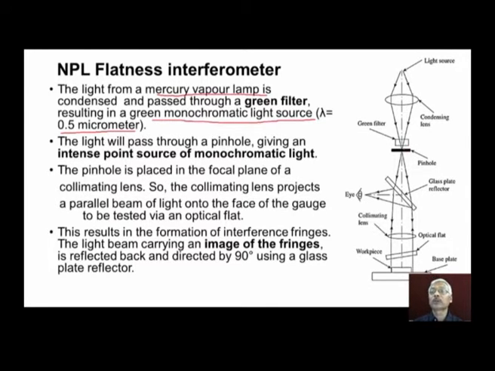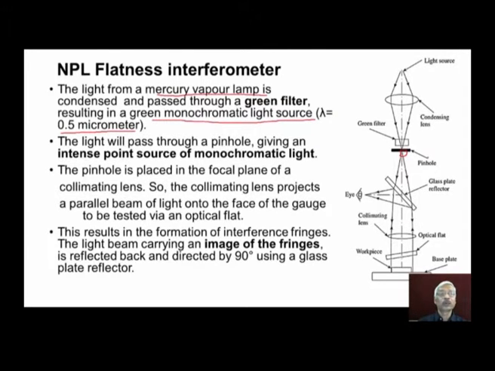And at the focal point we have a pinhole through which the light will pass. So here we get an intense point source of monochromatic light.